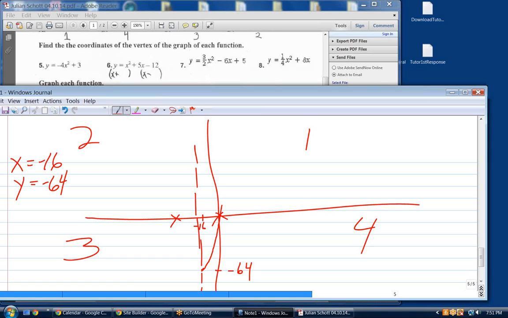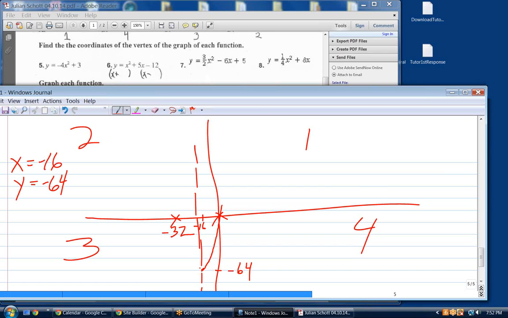No. If this is minus 16 right here, that dotted line is supposed to go through that. It has to be minus for sure. Minus like 24-ish? How much further to the left of this line of symmetry do I have to go? The 16, the same distance as it is from the y-axis. 32. You got it.